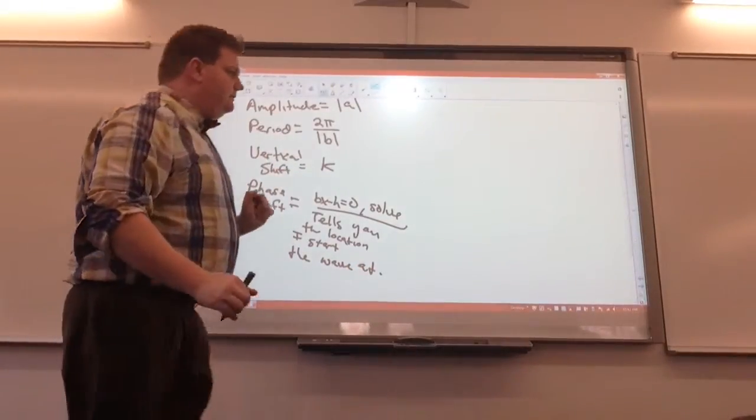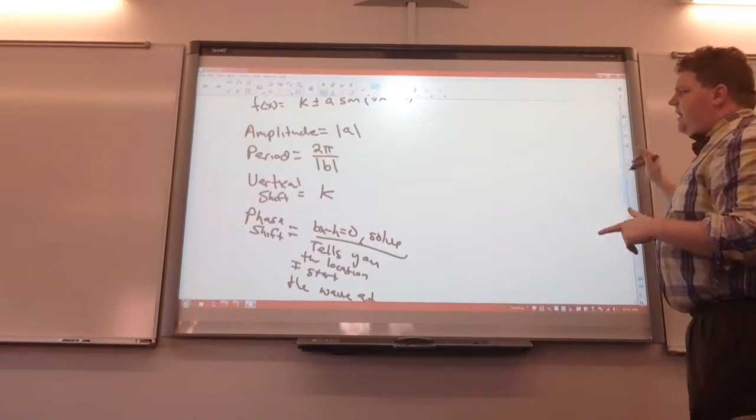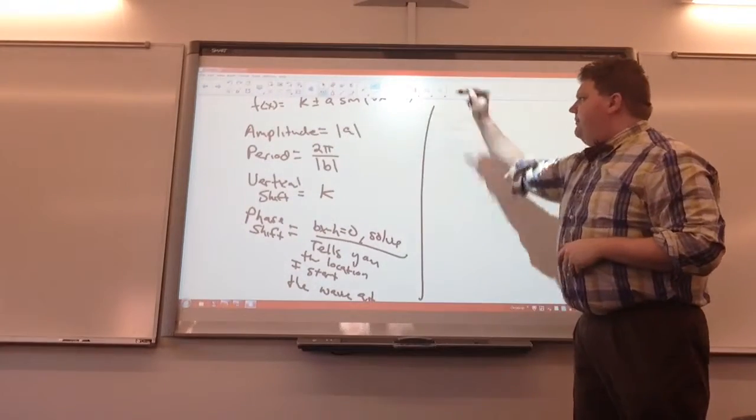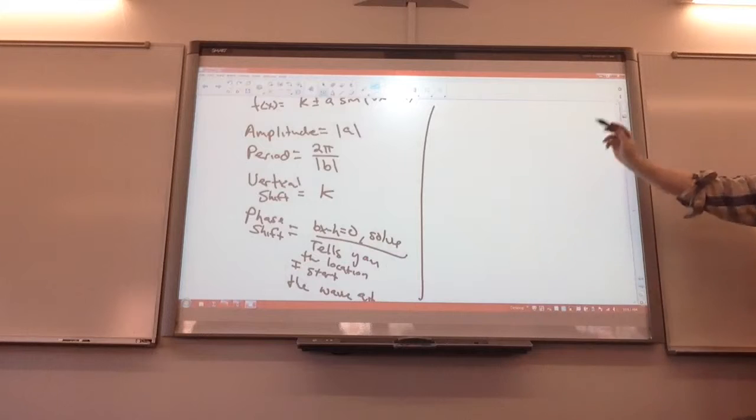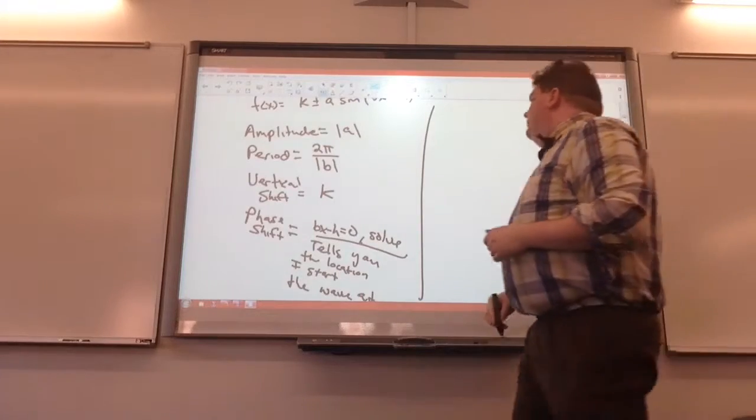Okay, so if I did an example of all these things in the same problem, if I wrote up a sine, we could go through and identify all these parts, which would then help me when it comes to actually graphing the wave. So let's look at an example.